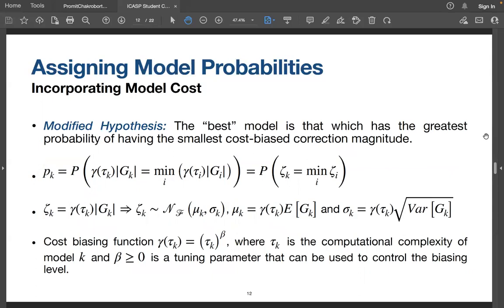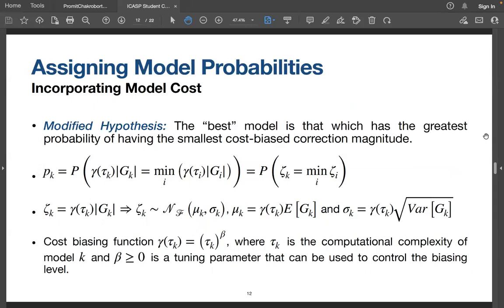And to do that, we just modify our hypothesis a little to say that the best model is that which has the greatest probability of having the smallest cost biased correction magnitude, where the cost biased correction magnitude is just the multiplication of the correction magnitude, which is the absolute value of G, times this gamma function, which we call the cost biasing function.